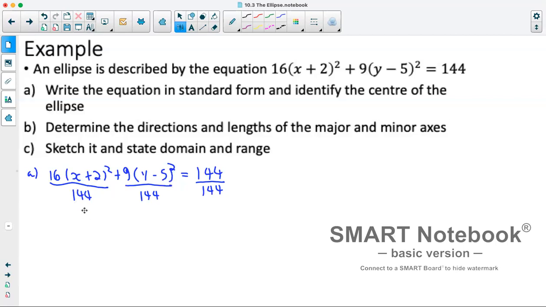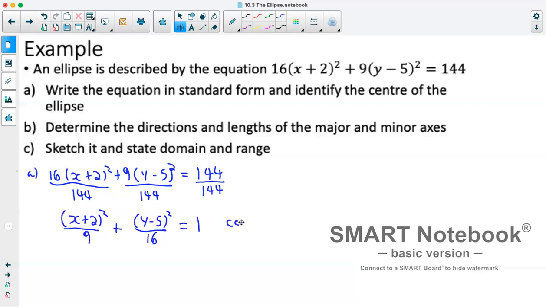So 16 over 144 is 1 over 9. So we've got x plus 2 squared over 9 plus, we reduce this to lower terms, it becomes y minus 5 squared over 16 equals 1. So this is in standard form.